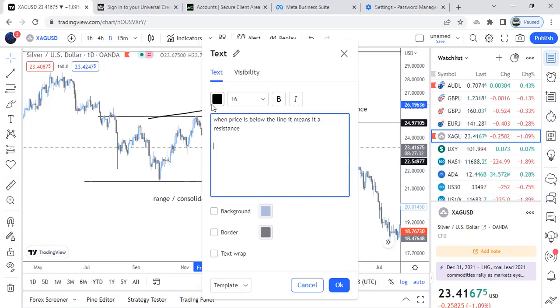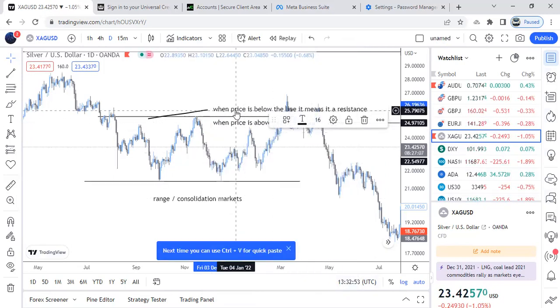When price is above the line, it's called support. Guys, make sure you don't forget about this. Those are simple things you need to know about the forex market. Because if you just keep doing this like this, you don't go far.